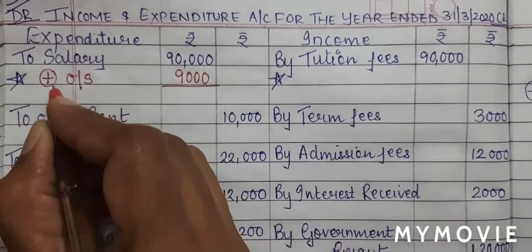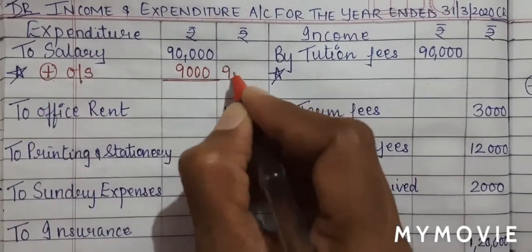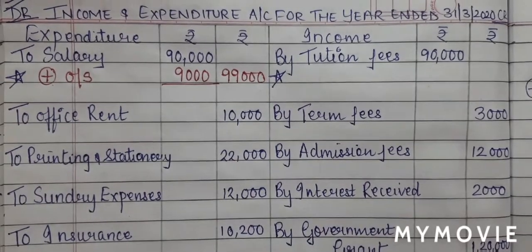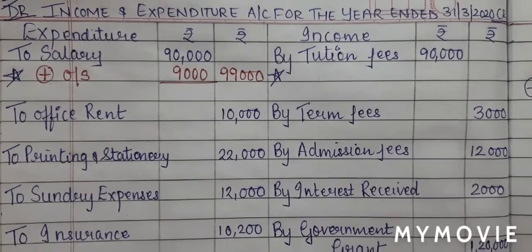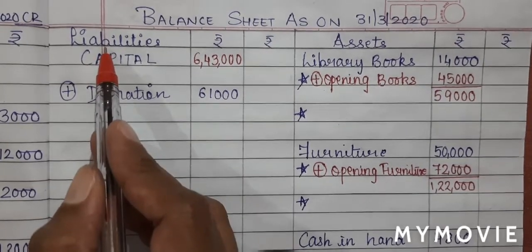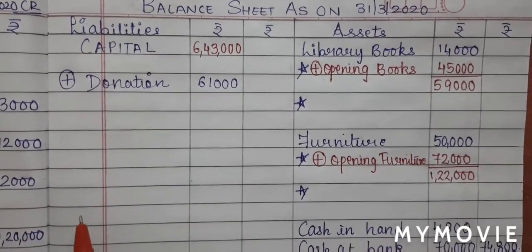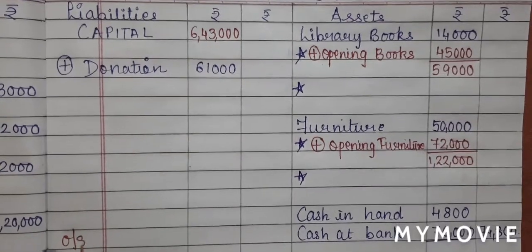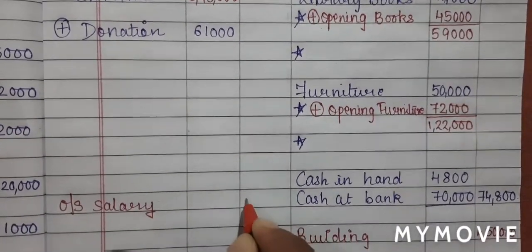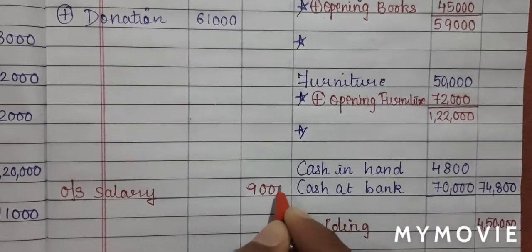So 90,000 plus 9,000 will give me 99,000 in the outer column. This is my first effect for outstanding salary. My second effect will be on the liability side. So I will leave a few lines and then write outstanding salary. In the outer column, 9,000.